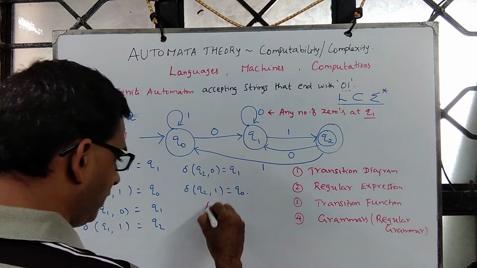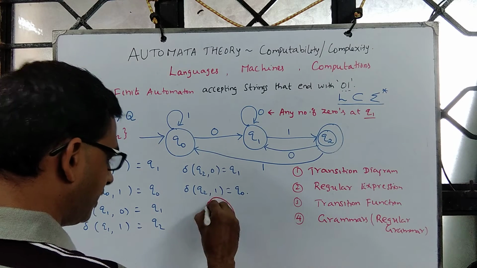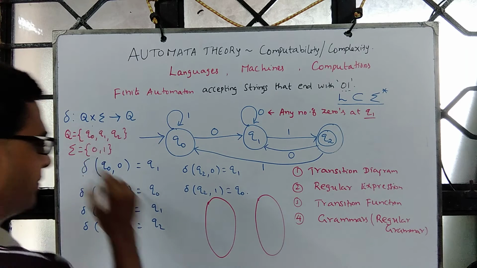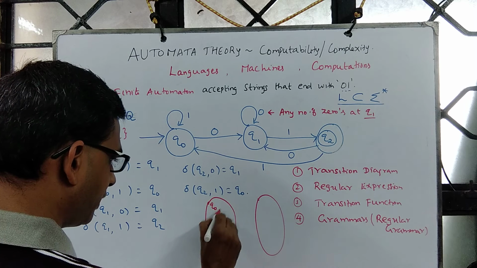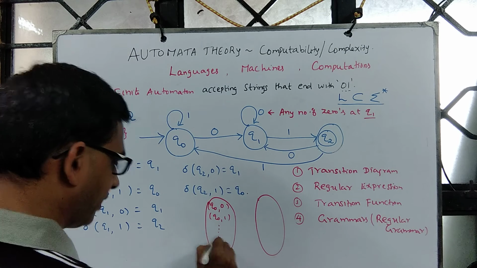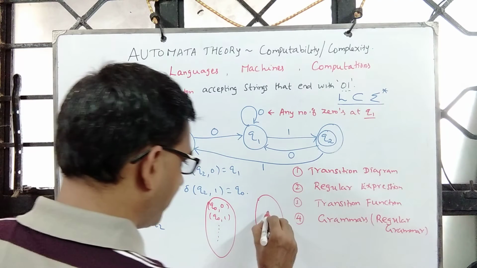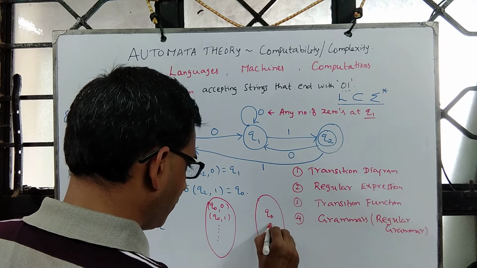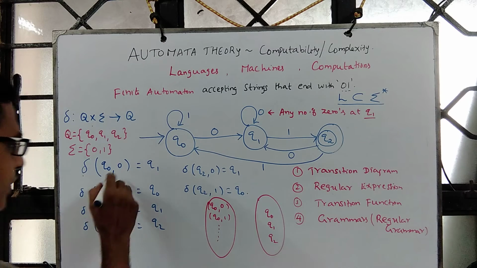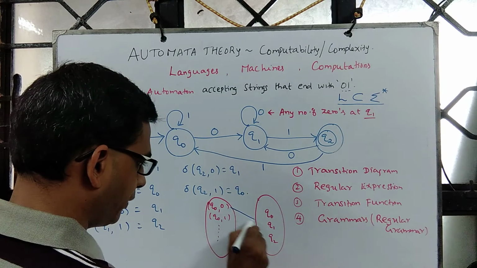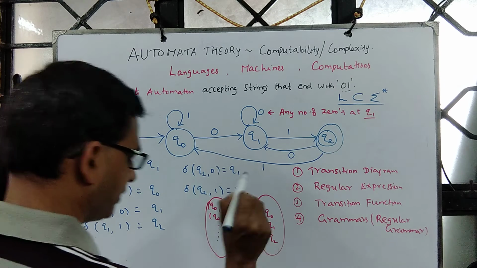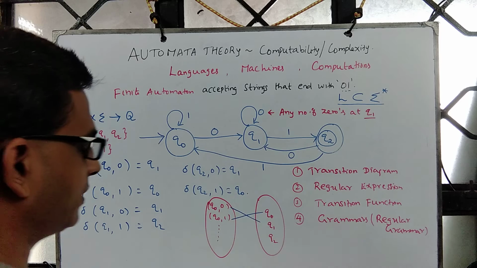So what is the domain? The domain consists of elements from Q cross sigma, which means (q0, 0) and (q0, 1), like that. And the codomain consists of Q, which means q0, q1, q2. So delta of (q0, 0) says you map it to q1. Delta of (q0, 1) says you map it to this, and like that it goes.